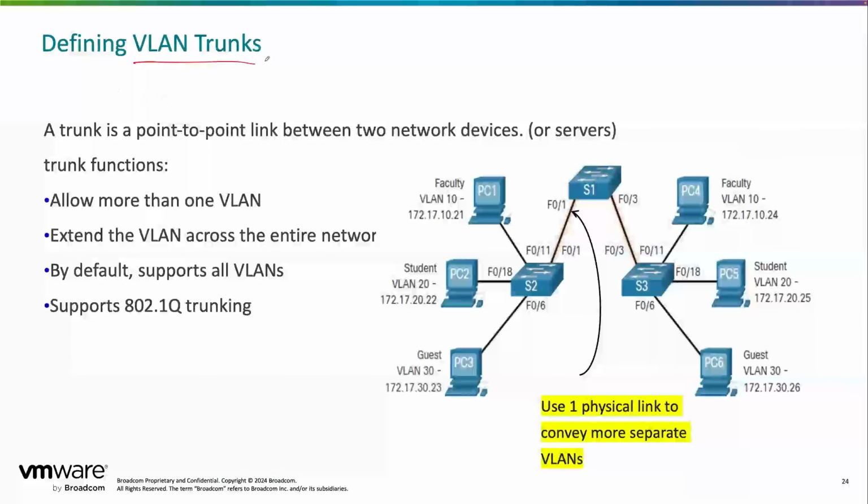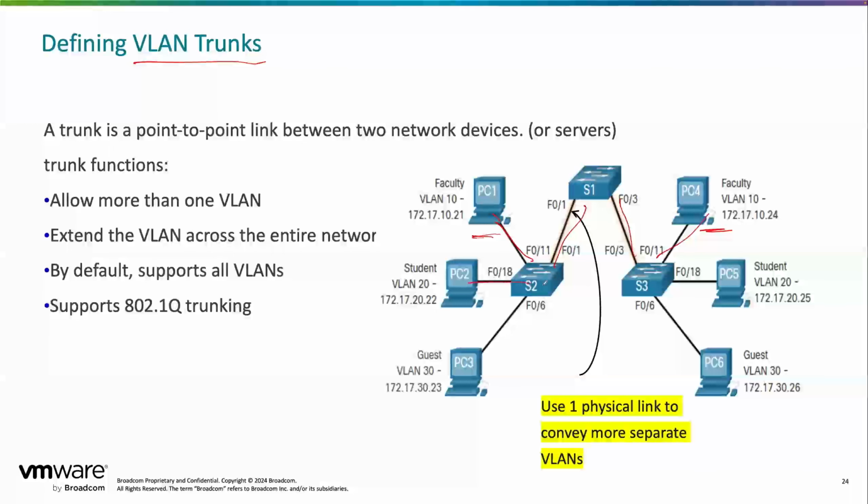So, VLAN trunks. As we talked about with this diagram, if we look into communication paths, for example PC1 to PC4, which reside on VLAN 10, they have to go this way.